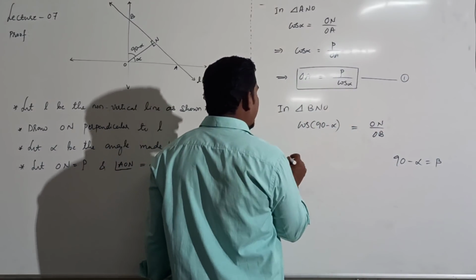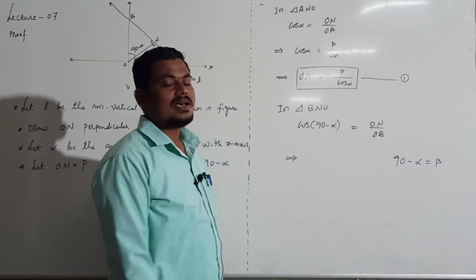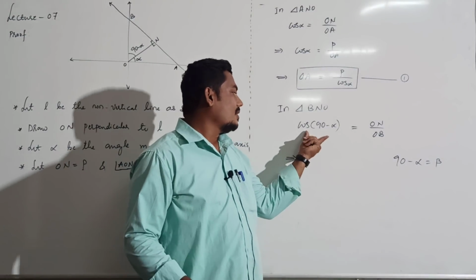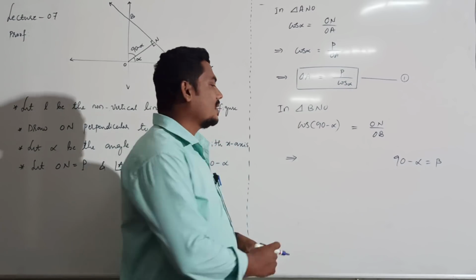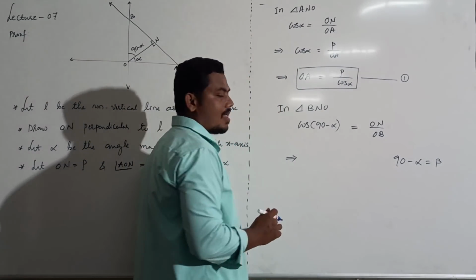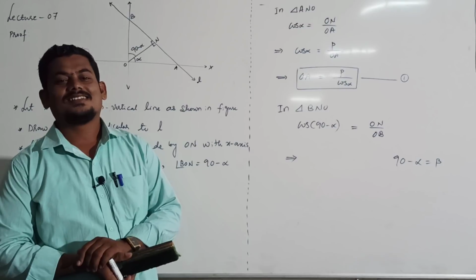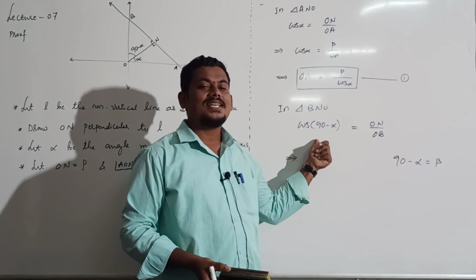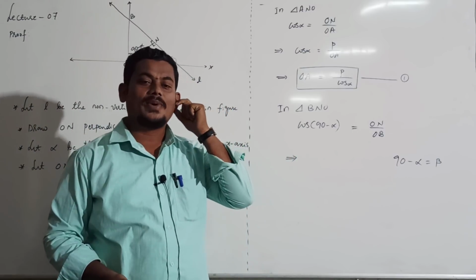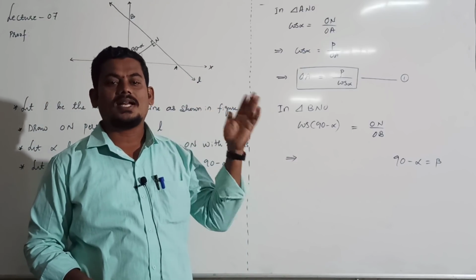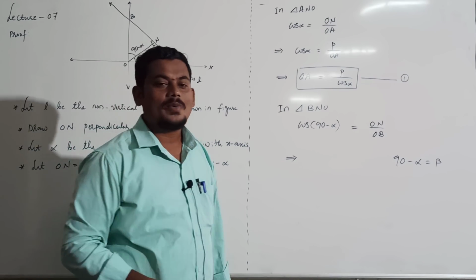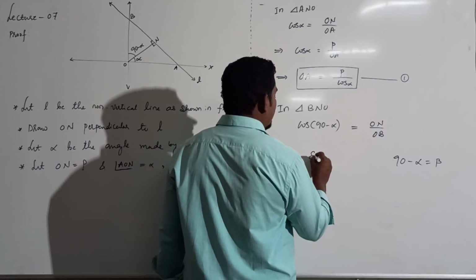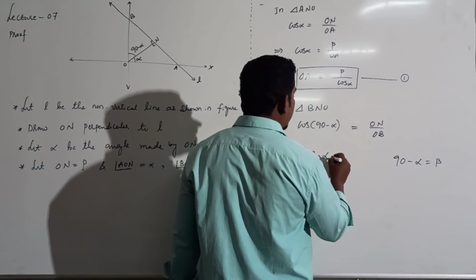In this case you already know the cos of 90 minus theta formula from trigonometry. Is it minus sin theta? No, plus sin theta. Cos of 90 minus means first quadrant. In the first quadrant all the trigonometric ratios are positive, right? So the ratio changes to the co-ratio, it will be sin alpha.